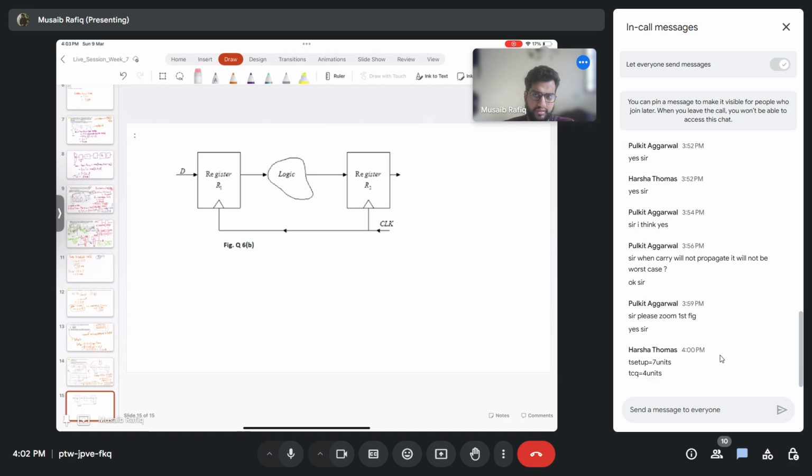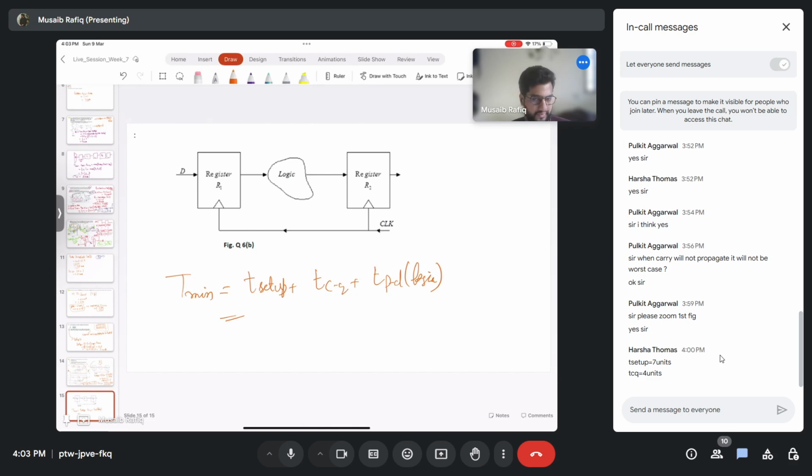I think this is the easiest question you'll have. I think so far you have done multiple questions based on this. So T min of a sequential circuit, how is it given? T min is equal to T setup plus T clock to Q plus T propagation delay of logic, right? Now fill in the numbers, you'll get the answer.